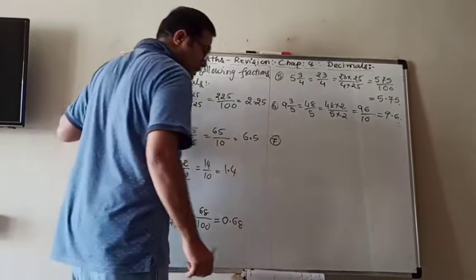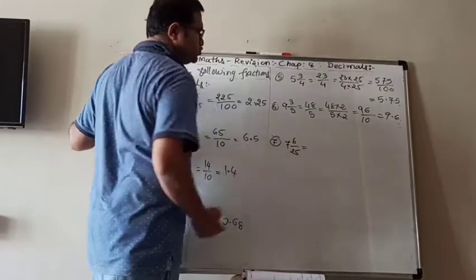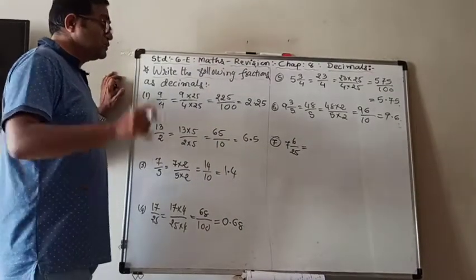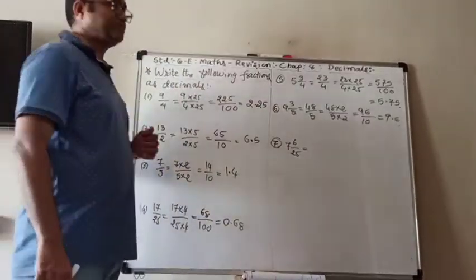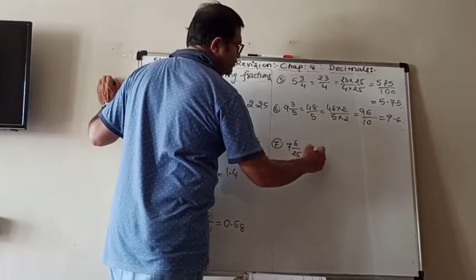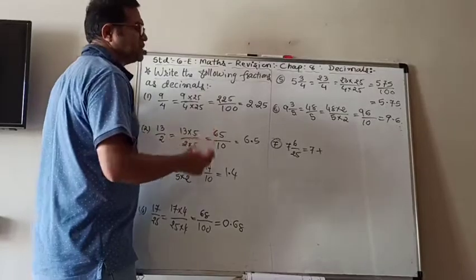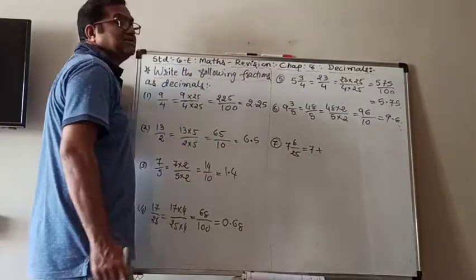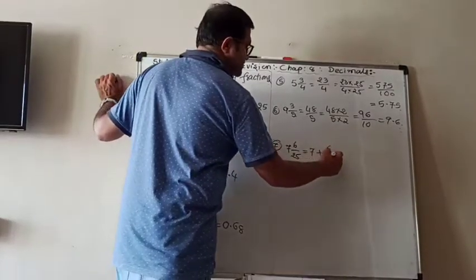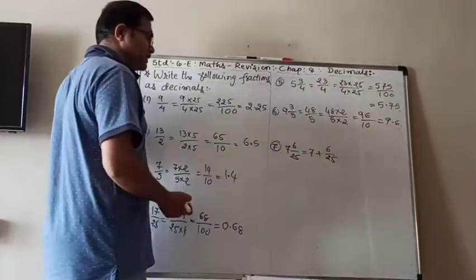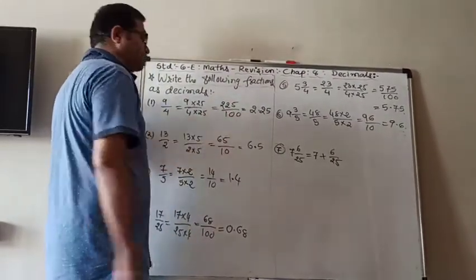Seventh one, 7 integer 6 upon 25. Now if there is a big number, or this one also, let me explain to you a different way. The 7 integer 6 upon 25: the integer part is 7, so we can separate them, 7 plus 6 upon 25. Now only 6 upon 25 we have to convert into a decimal and then we will put the point.